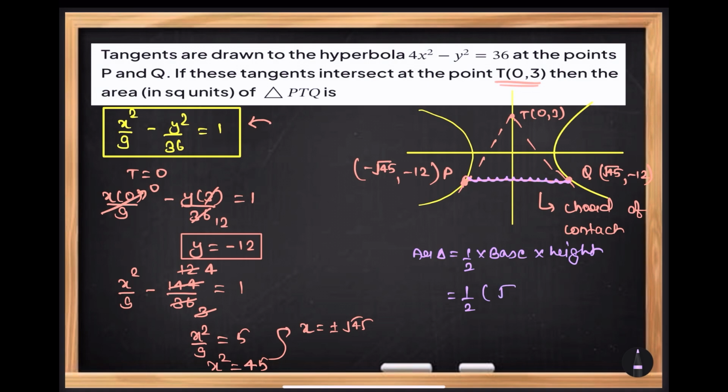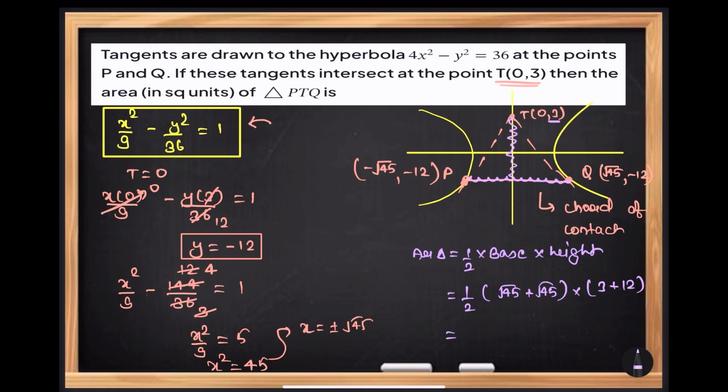So it is root 45 minus minus root 45. Okay, so this will become the base. Now think about height. Height is also y2, final minus initial. So final is 3, initial is minus 12.